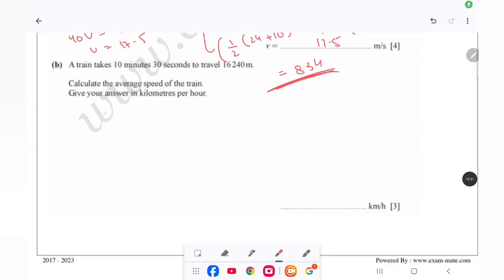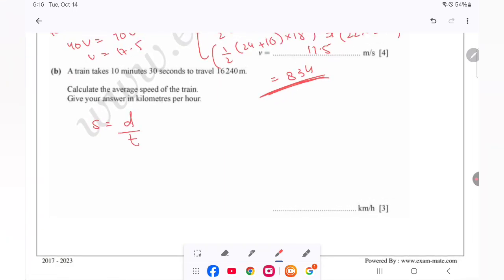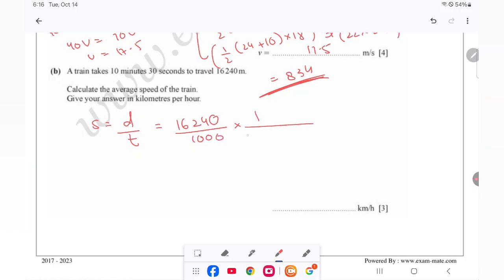So our distance is equal to, now put the values, 16240 divided by 1000 for the kilo, and for the time, 10 minutes 30 seconds.